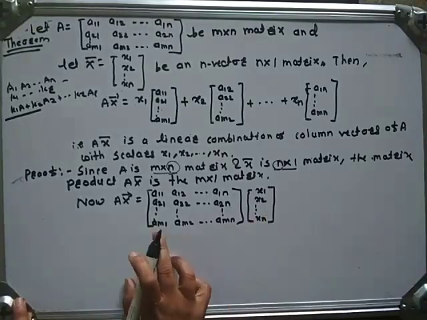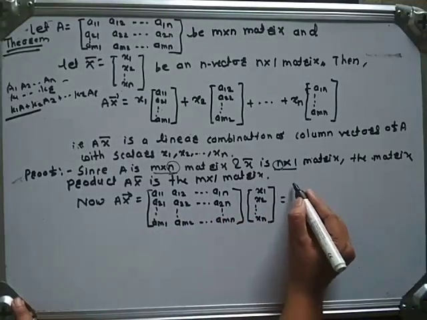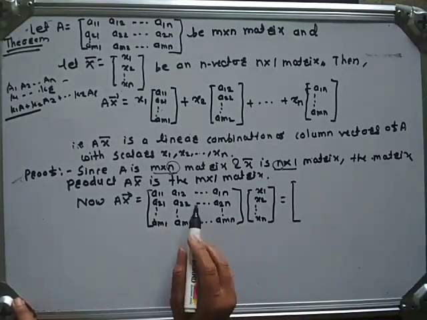Okay. Now we multiply these two matrices. What is that multiplication?